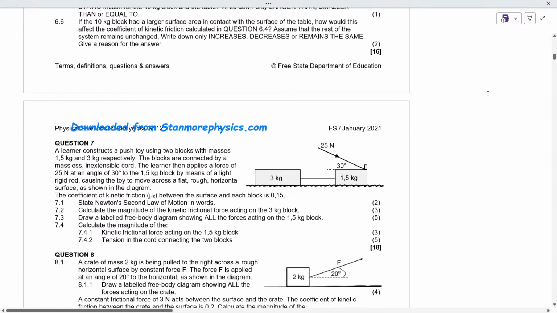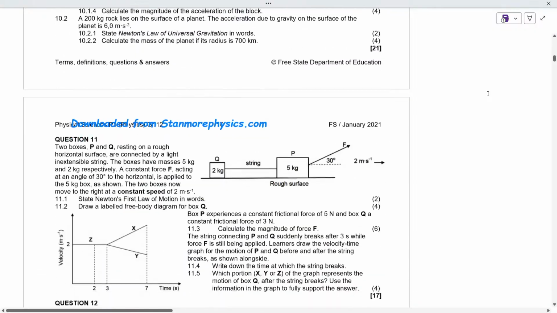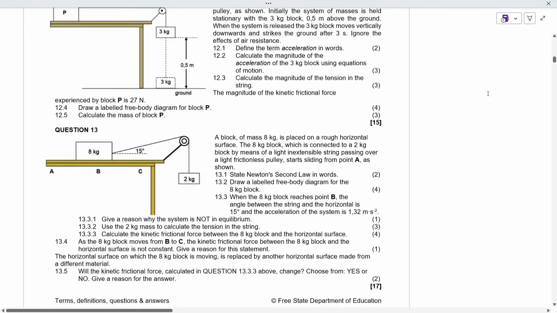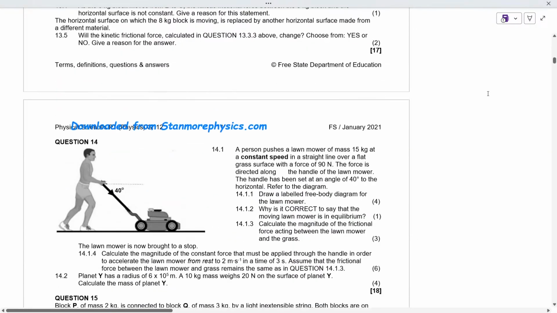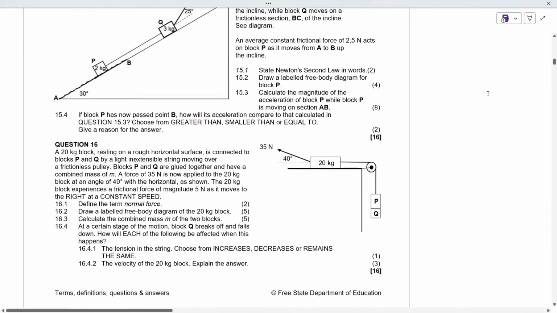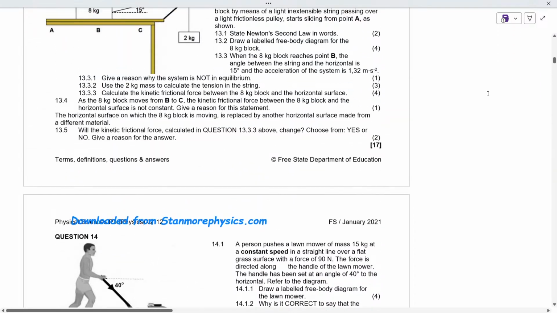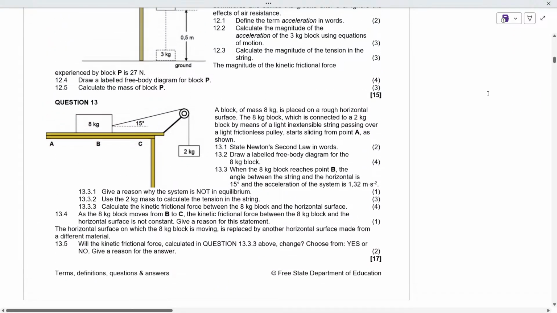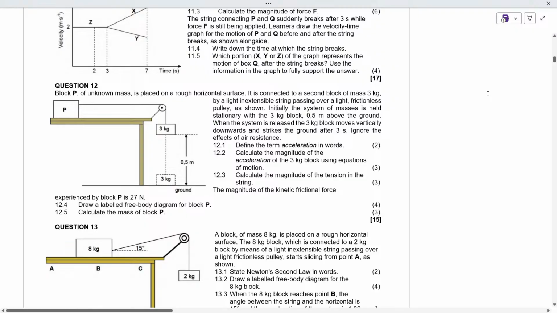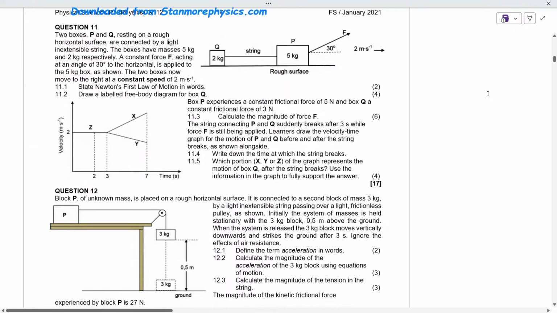You can just choose any of these. Maybe this graph one.